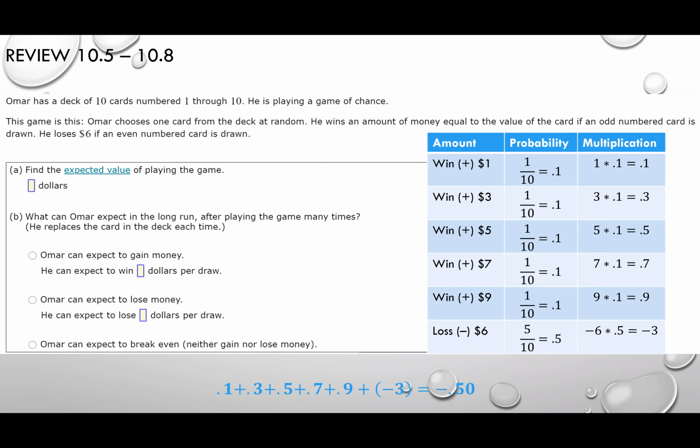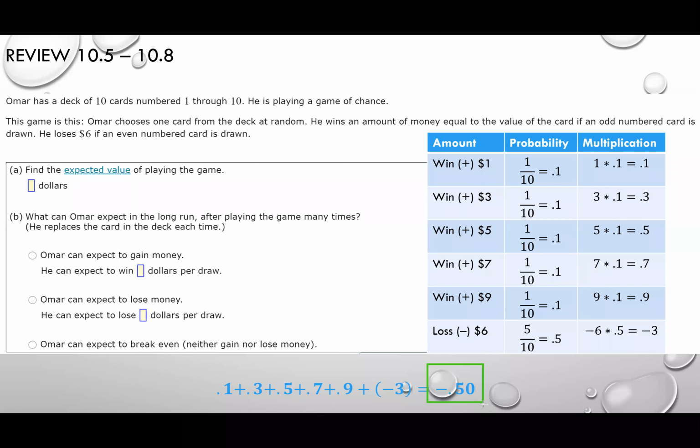all you do is take each of the results and add them up. You take the 0.1, add the 0.3, add the 0.5, add the 0.7, add the 0.9, and then add the -3. If you add them up, you will see that we have a negative 0.5.